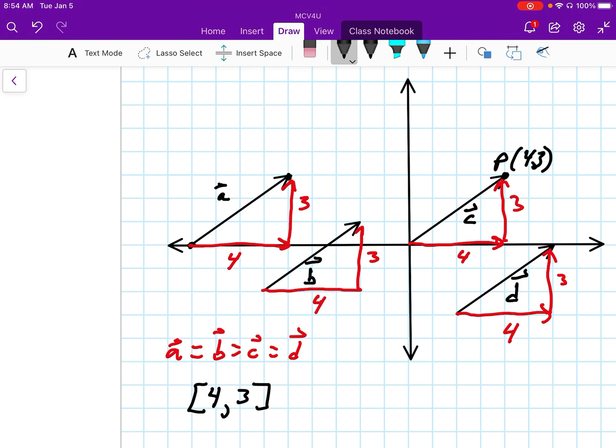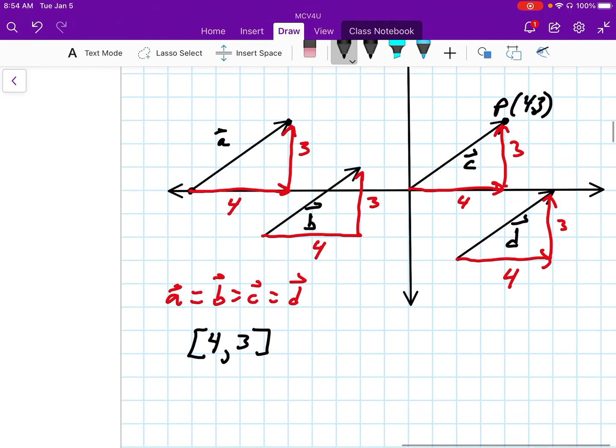So a couple of things we have to realize: this is a vector. It has square brackets. This is part of communication. We have to make sure that the vectors are in square brackets.